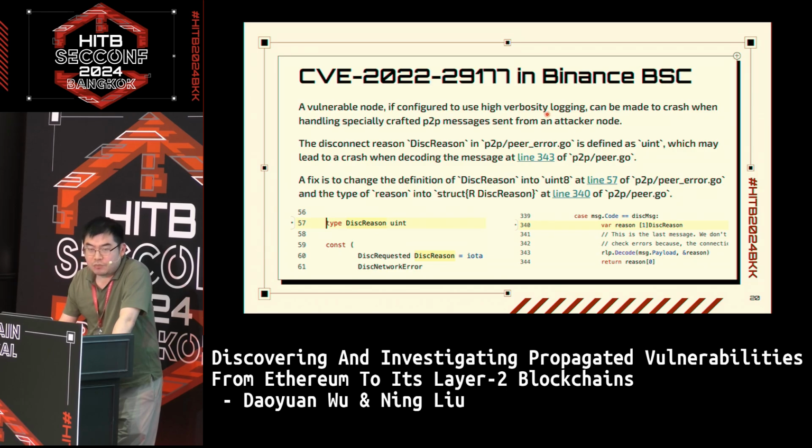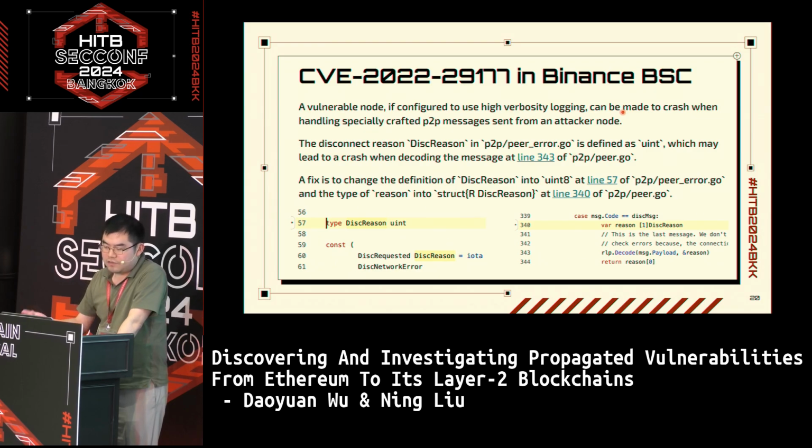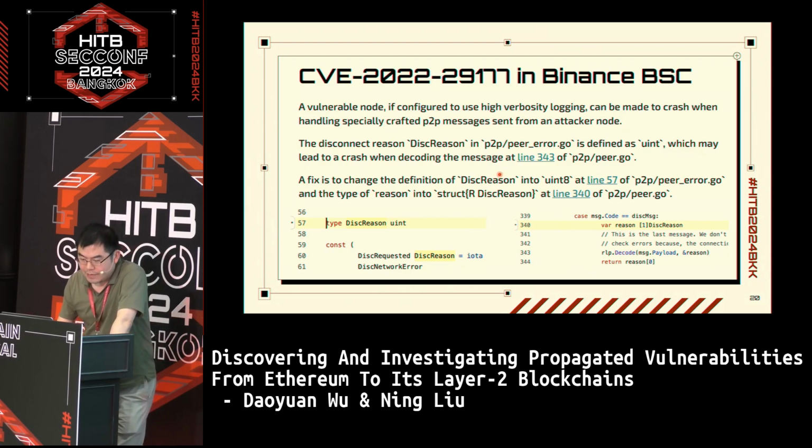This P2P message is sent from an attacker node, and once the victim node receives it, it crashes. If so many nodes are crashed, the whole blockchain network cannot run anymore. So this will cause the denial of service issue.